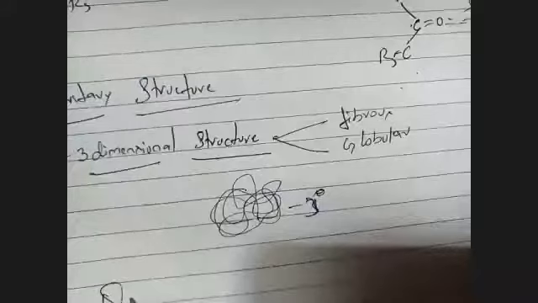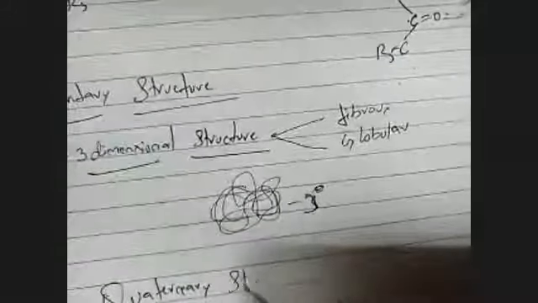By folding your arms, just try to sit. Not in Padmasana. Sit in a three-by-four, like a chair position. So that is your quaternary structure. By this we can say the structures of protein by their amino acid arrangement.